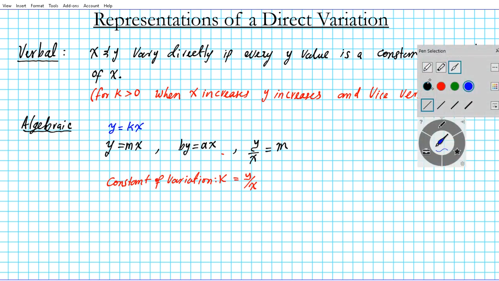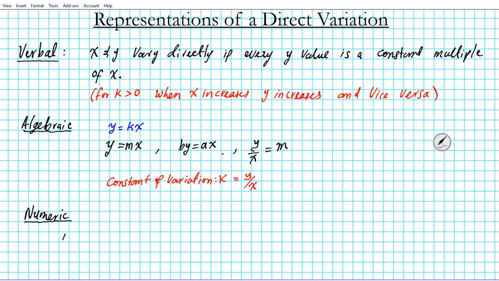Now let's take a look at the numeric representation. How are direct variations represented numerically? We're going to look at two forms. We have the ordered pairs. For an ordered pair, a direct variation looks like this. You have x1. To get the y value, you multiply by the constant of variation, k x1, and then y1.